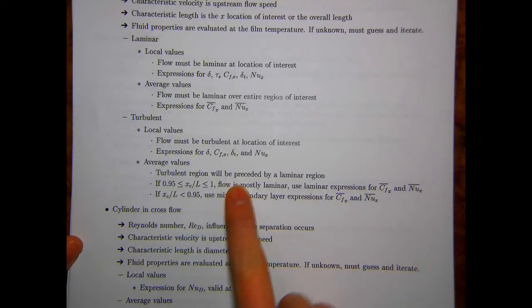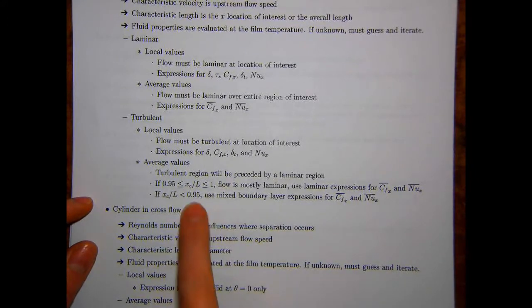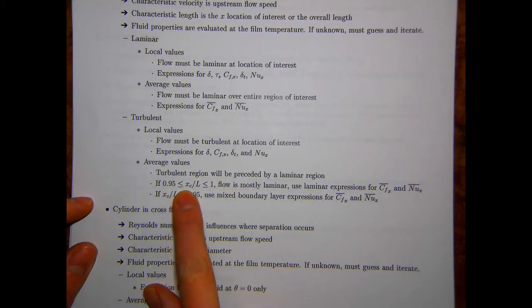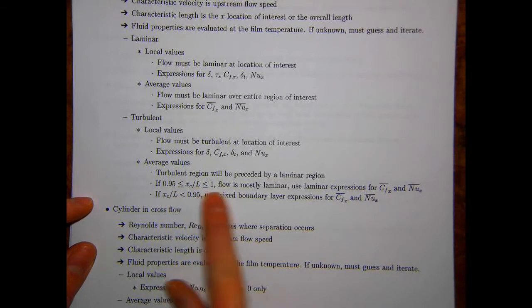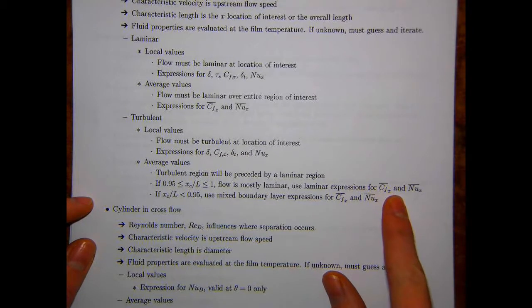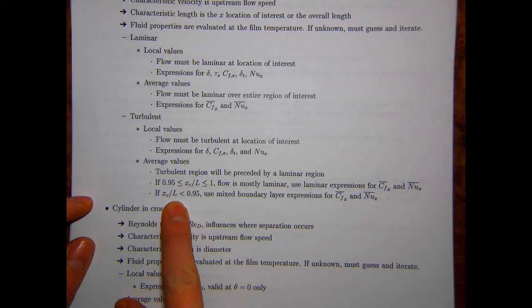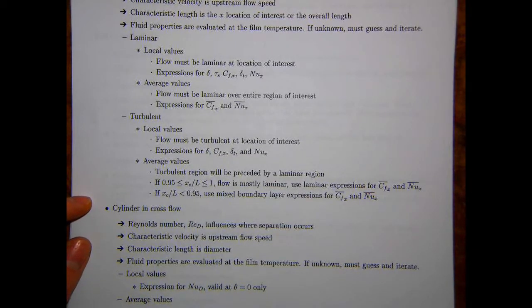So we said if the flow transitions to turbulence right at the end of the flat plate, then it's mostly laminar, and you can use just the laminar average correlations. But if it transitions to turbulence before the very end of the plate, then you have to use the mixed boundary layer expressions, which give you average coefficients for the friction coefficient and the Nusselt number over the region that includes the laminar part and the turbulent part.